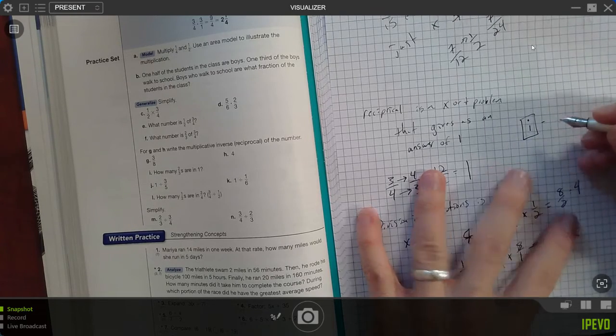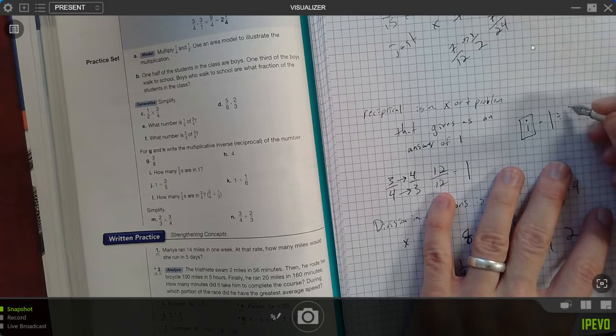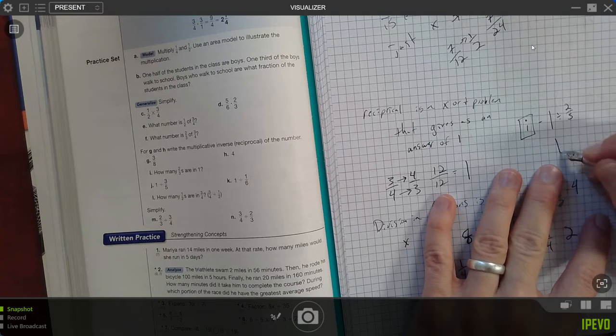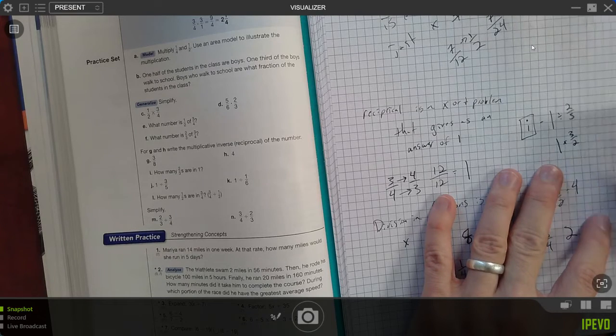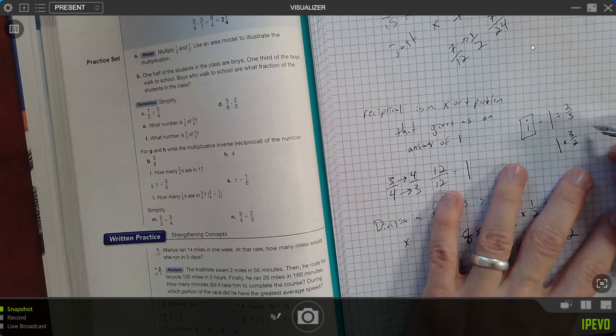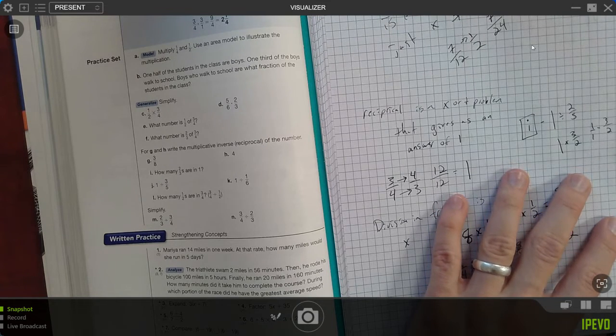So for I, it has 1 divided by 2/3. Okay. Which turns into 1 times 3/2. Okay. 1/1, 3/2. Multiply across, get 3/2 equals 1, 1.5. Okay.